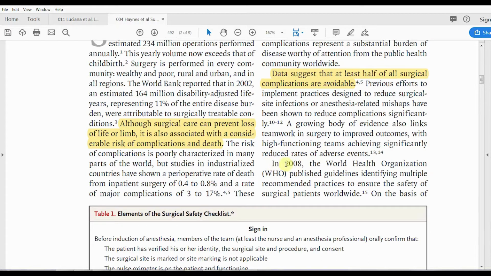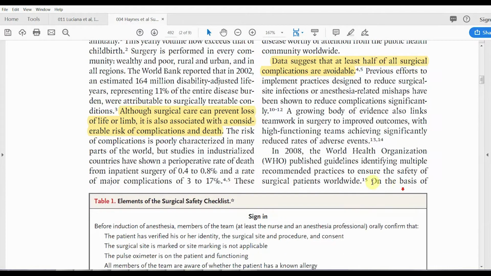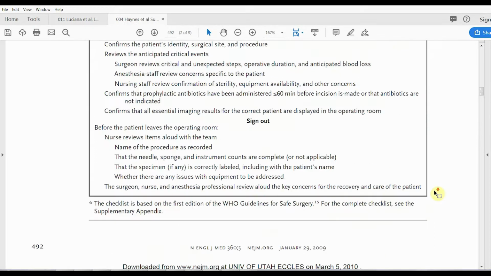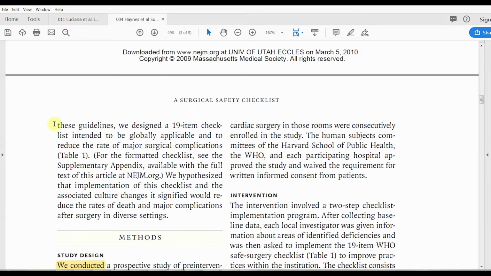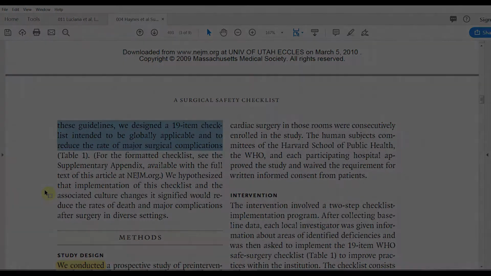And then they get down here to point out that the WHO has published a set of guidelines for safe surgery. And right here, the last line, it bridges the page. On the basis of these guidelines, we designed a 19-item checklist intended to be globally applicable and to reduce the rate of major surgical complications. And there they're fulfilling the third move. They're saying here is a solution to this problem that we've just listed.